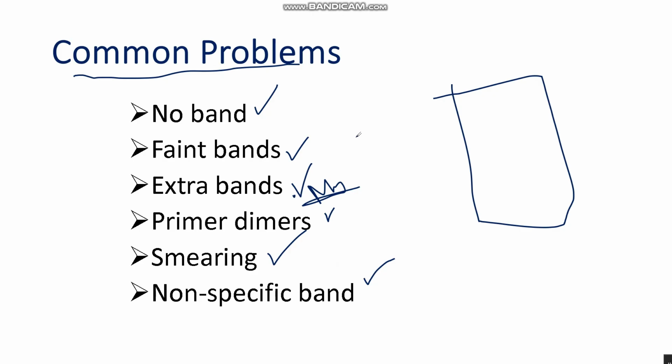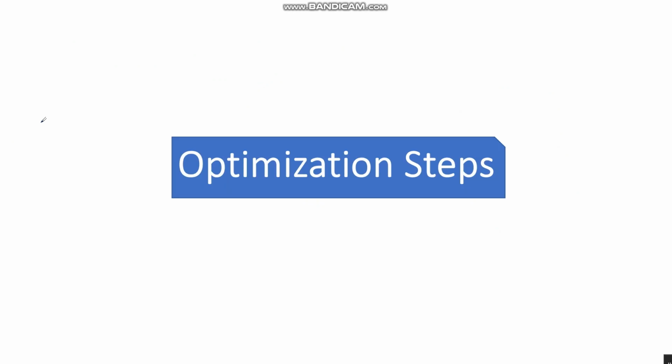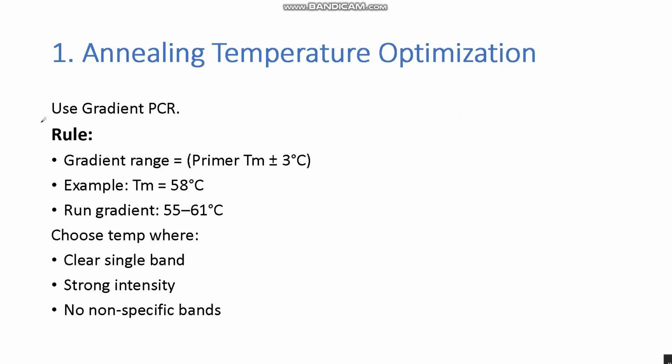So to troubleshoot these problems, we do primer optimization, or PCR optimization. So what are the optimization steps? The first step of PCR optimization is annealing temperature optimization. The main focus in PCR optimization is the annealing temperature.